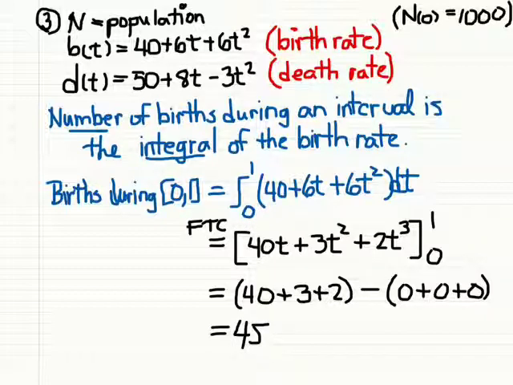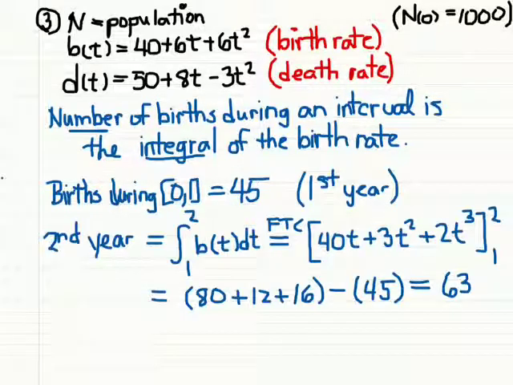Similarly, the first year is the interval 0 to 1, the second year is the interval 1 to 2, and the third year is the interval 2 to 3. During the second year, the number of births is given by an integral of the birth rate from time 1 to time 2.